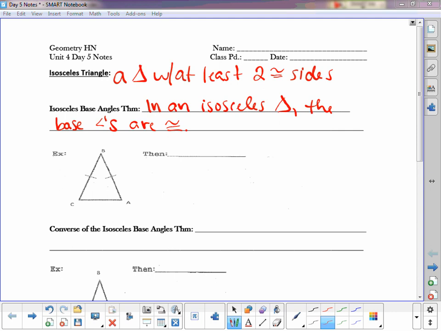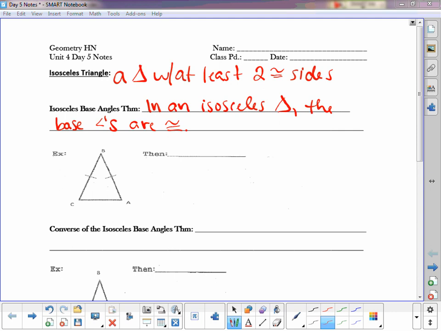Alright, come on. You guys just said it. What does it mean to be isosceles? Thank you. So we have two congruent sides. So when we say in an isosceles triangle, it means a triangle with two congruent sides, and the base angles are congruent. And we talked about the fact that the base angles are the angles opposite of those congruent sides.